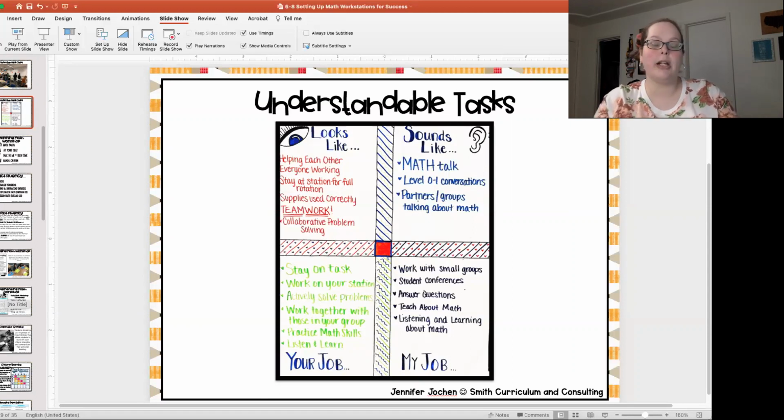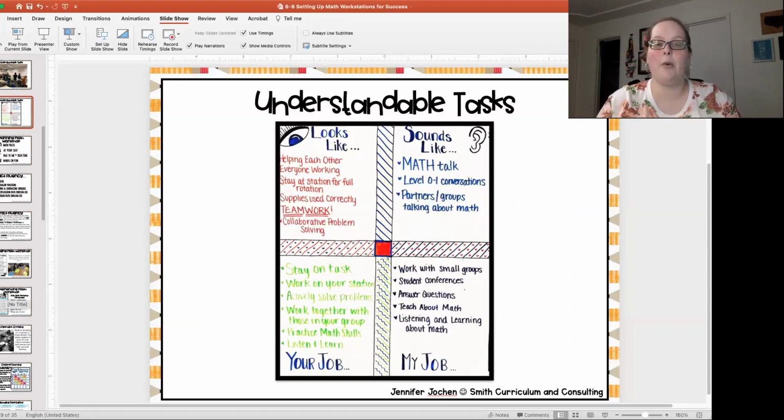If I hear them talking about skateboarding that they're going to be doing after school, that's not math talk. So I can toggle my ear and look at that student. Well, if that student's not looking at me, I guarantee you that someone in that group is looking at me, and I can look at them and I can say, your job, get their attention. Once they've got that student's attention, I can say sounds like, and then they know.